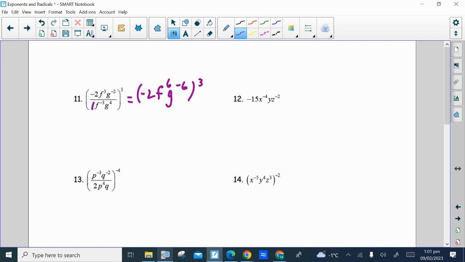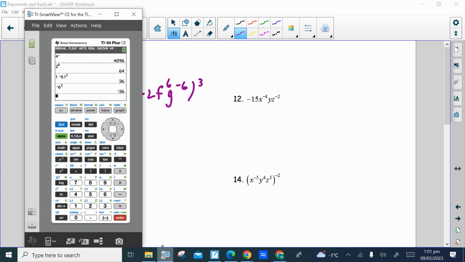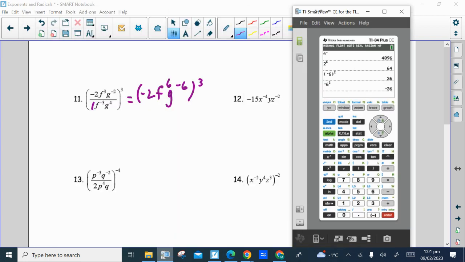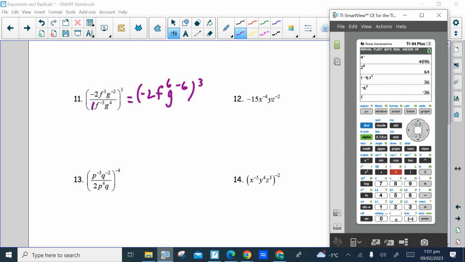So now we need to cube everything inside the bracket, including the coefficient of negative 2. Negative 2 all cubed will give you negative 8. And you can do that on your calculator. In brackets, negative 2 to the power 3, that means multiplying negative 2 by itself 3 times, you will get negative 8.